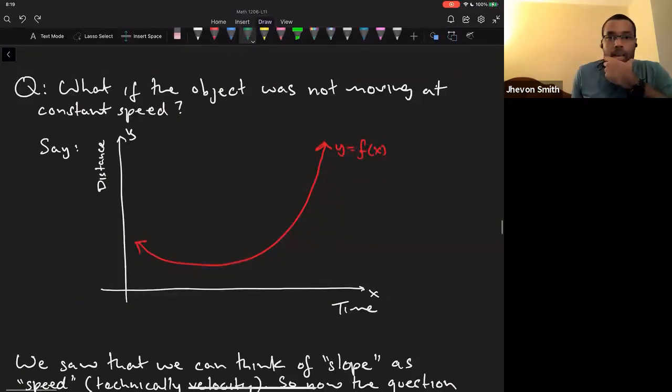Well, we can't really measure speed now in an instantaneous sense.